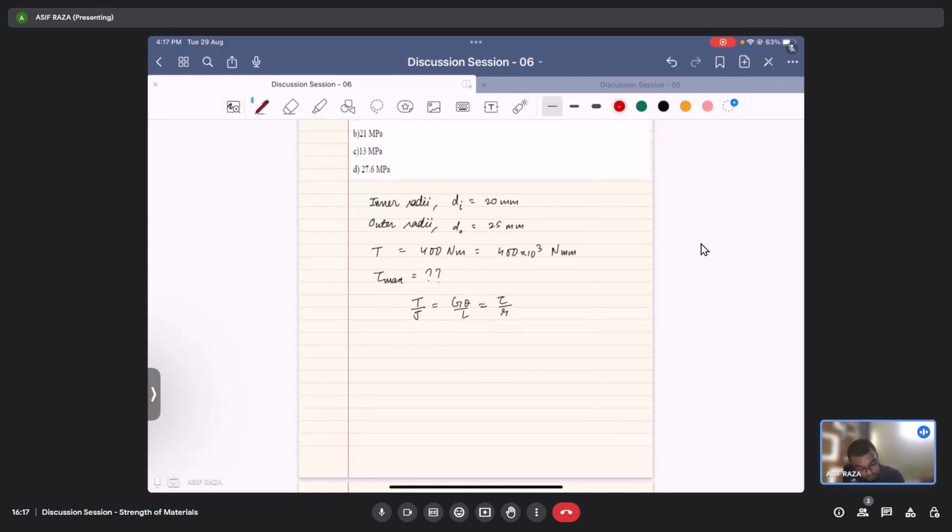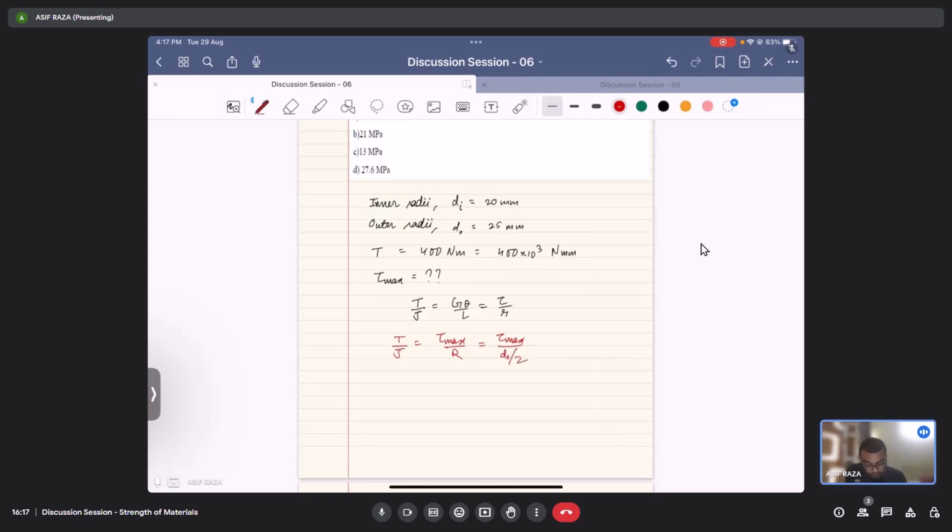So that will give me T by J equal to tau by R, and since we want to find tau max, we can modify this and write tau max upon capital R, where capital R would be equal to d naught by 2, the outer radii.